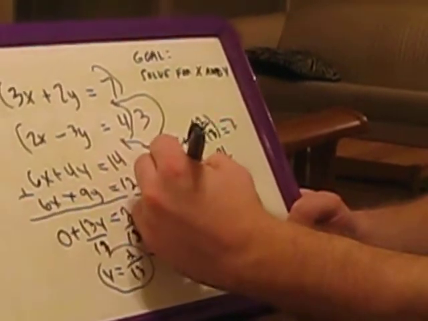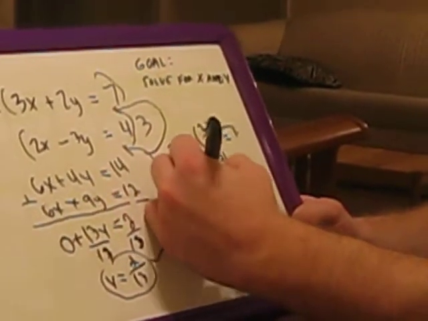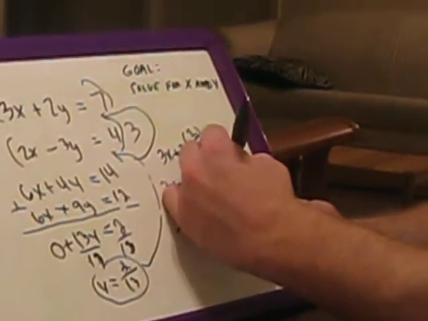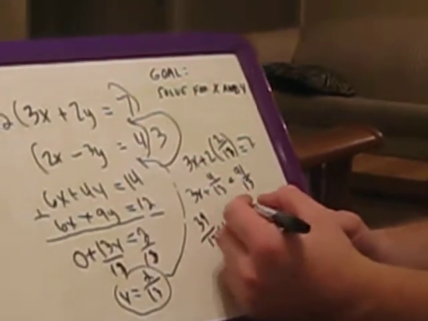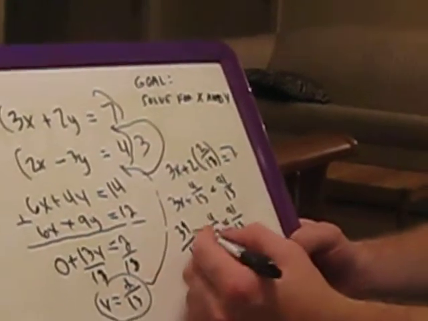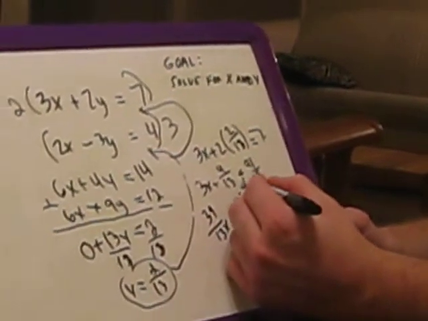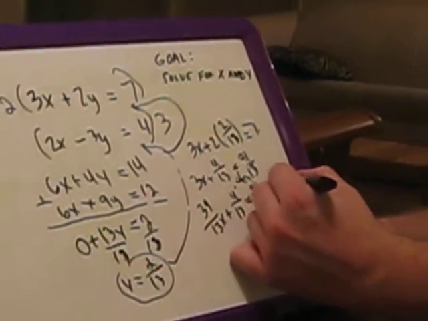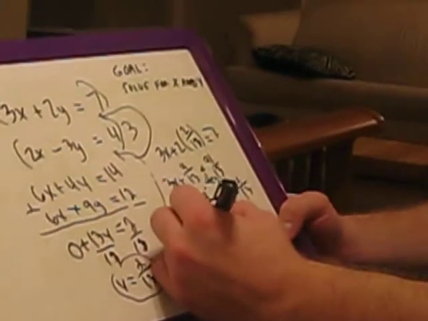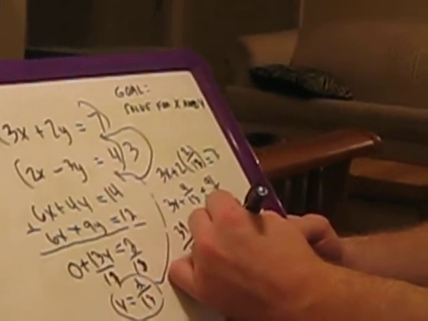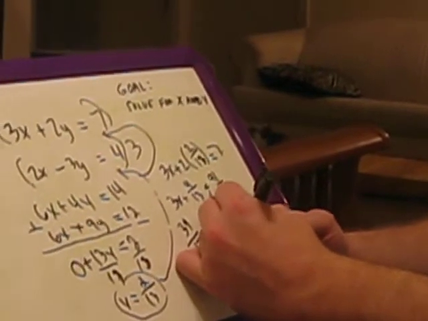So we have 39/13x plus 4/13 equals 91/13. Our whole goal is to get x by itself, right? So we subtract 4/13 over, and we get 39/13x equals 87/13.